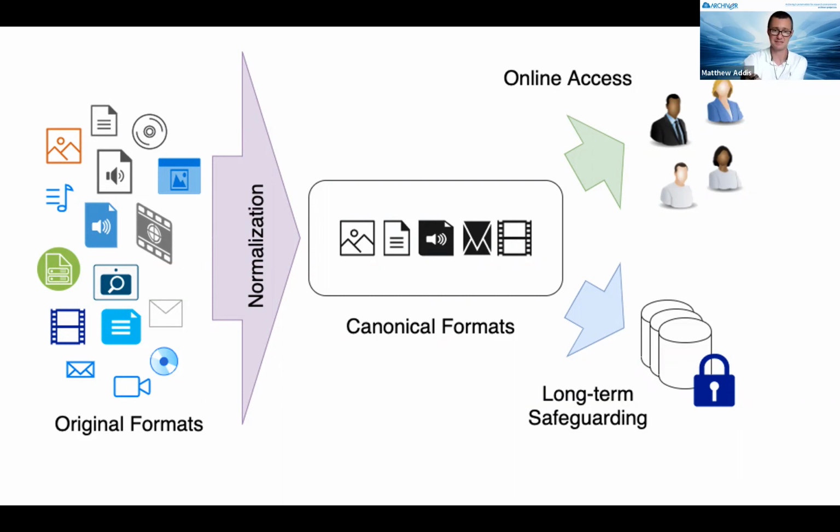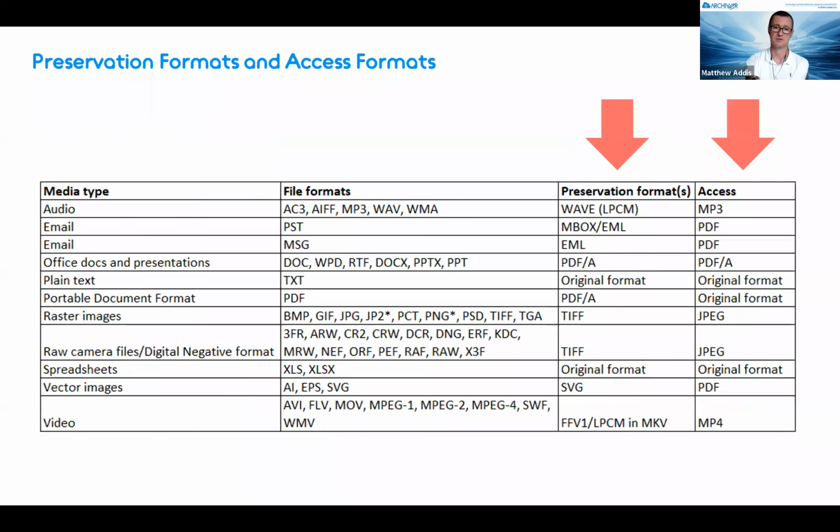We've extended it so it can do conversions of things like Office formats. So as well as its out-of-the-box conversions of images, audio, video formats, we've extended it so it can convert Office and email formats into things like PDF-A. It will produce both preservation and access versions.